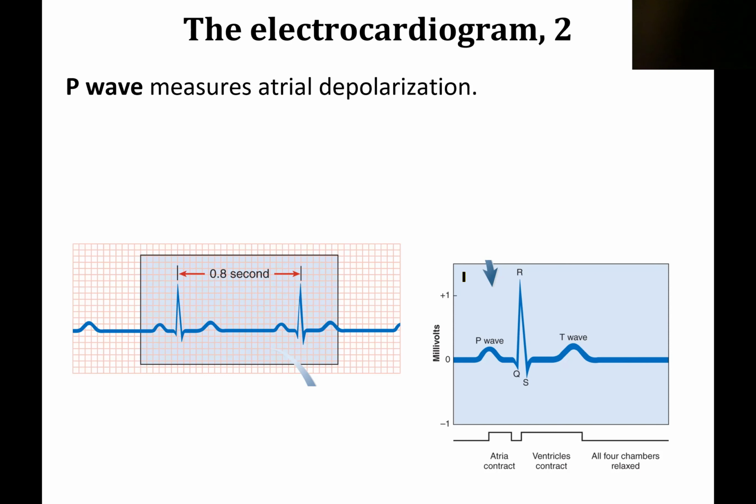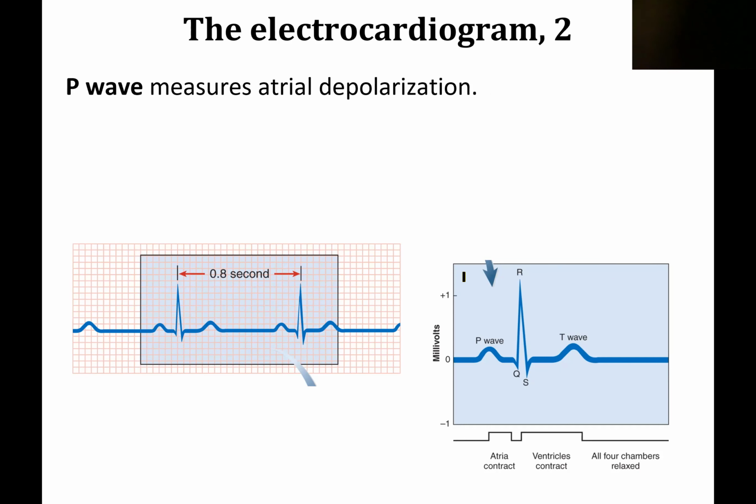The volume of tissue in the heart means that we can put sensors on the skin and record these electrical changes. So one complete heartbeat, or one cardiac cycle, is recorded, and then another, and another, and another.